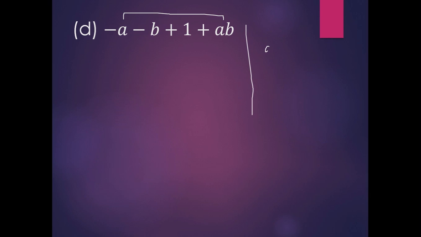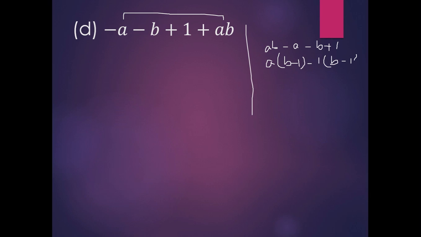Look at here: ab, and then minus a, and then minus b plus 1 if we write together, and then if you take out a common, here remains b minus 1, and here also if you take out minus 1 common, there will be b, and then minus times minus will be plus, so 1.